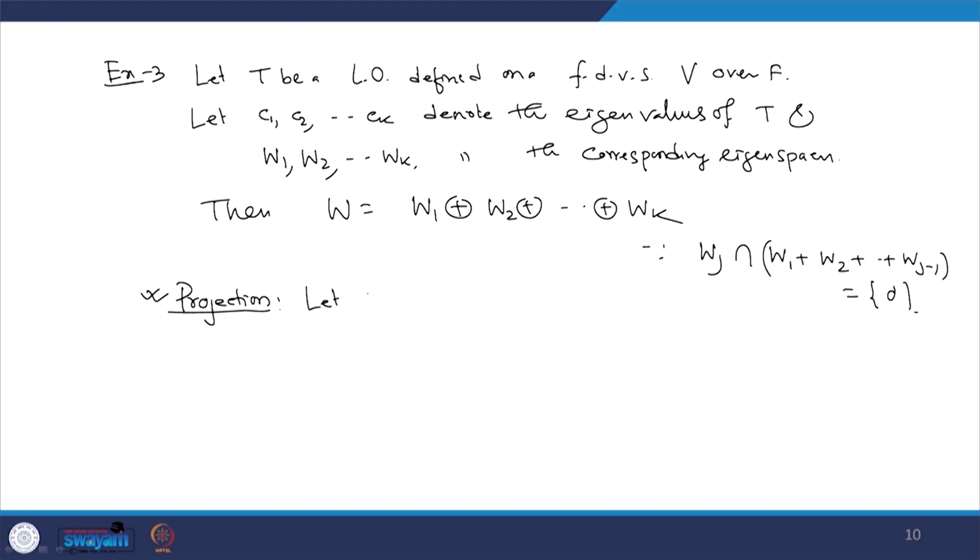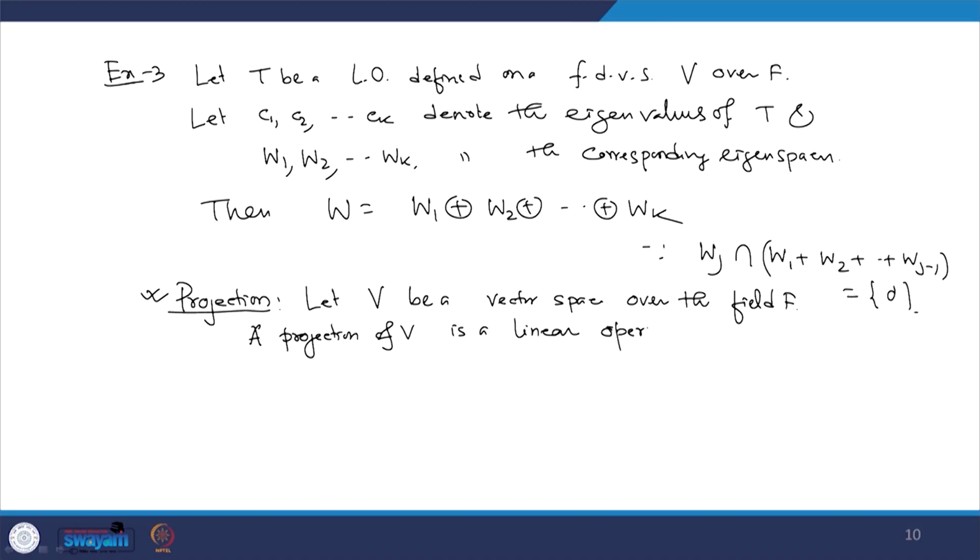Let V be a vector space over the field F. A projection E of V is a linear operator on V such that E square equal to E. What is the meaning of this?